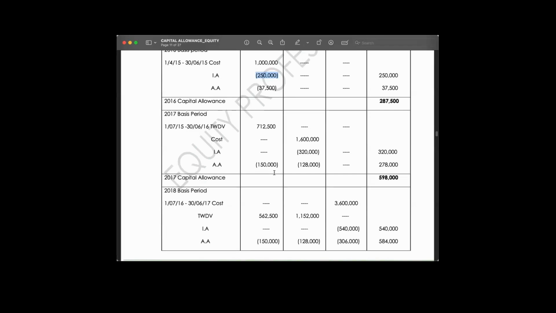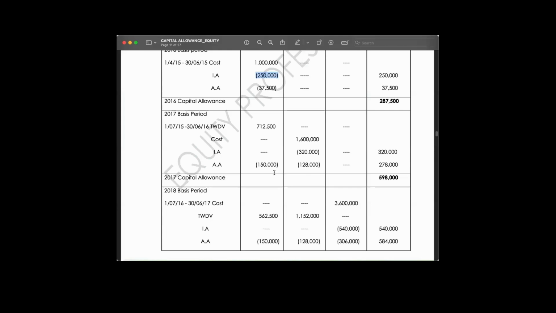The original cost of the asset is 1 million, right? Meanwhile, the initial allowance that we calculated on this asset was 250,000. I'll subtract it. I will have 750,000. How many years is this asset supposed to use by our annual allowance rate? Our annual allowance rate for this question is 20%. By implication, it's supposed to use what? 5 years.